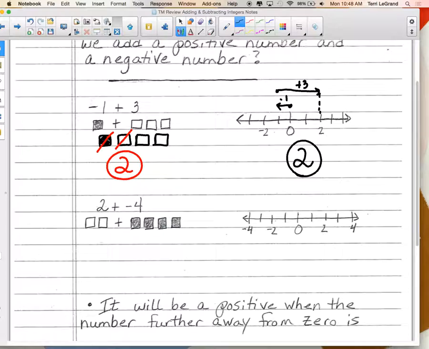Okay. I didn't ask you for the answer. We already know the answer, sir. I'm asking you for a real example of negative 1 plus 3. In other words, in this real example, we would get a 2 of something.